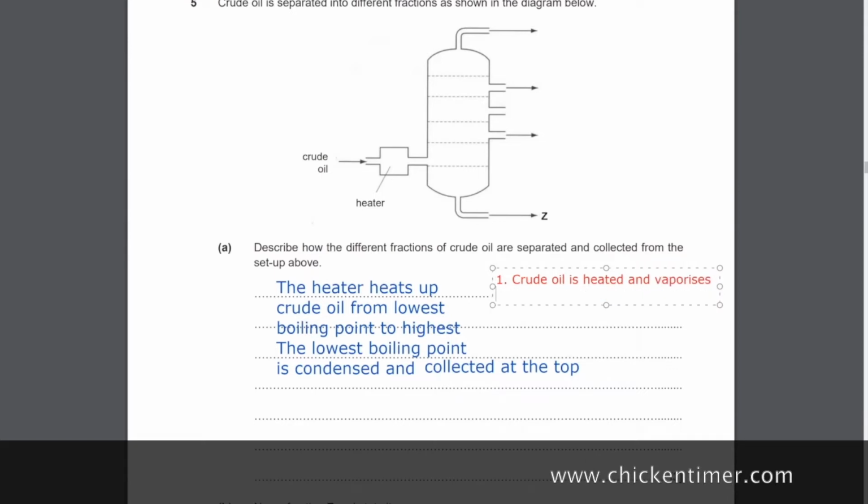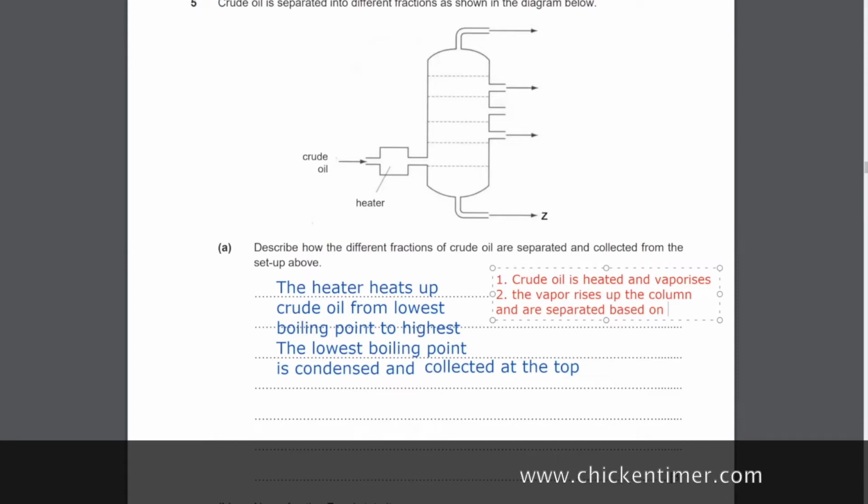Bitumen has the highest boiling point. This is the first point. The vapor rises up the column and is separated based on boiling point. Shouldn't bitumen be the lowest boiling point because it is used for roads? No, that's the highest, because it's close to solid state. It's somewhere between liquid and solid. So you have 2.